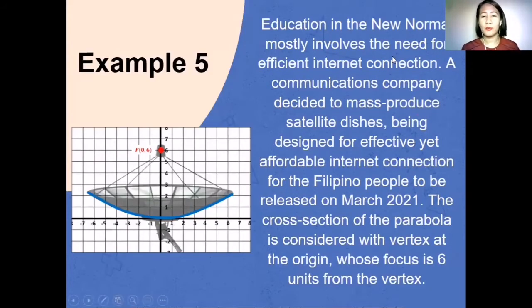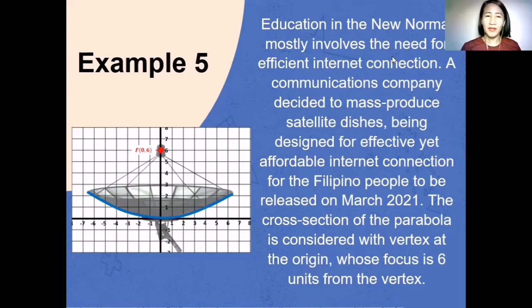Education in the new normal mostly involves the need for efficient internet connection. A communications company decided to produce satellite dishes, designed for effective yet affordable internet connection. The cross section of the parabola is considered with vertex at the origin, whose focus is 6 units from the vertex.